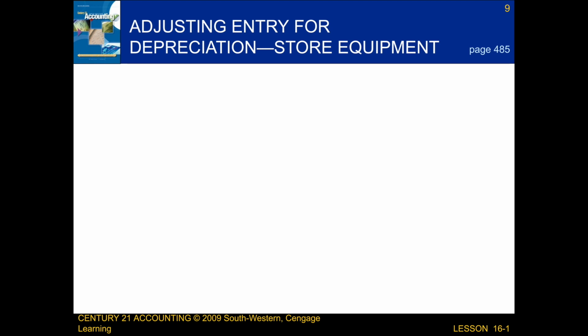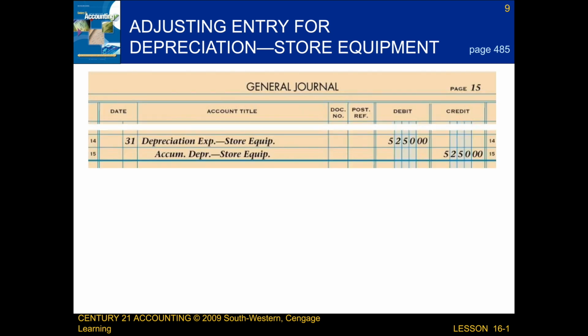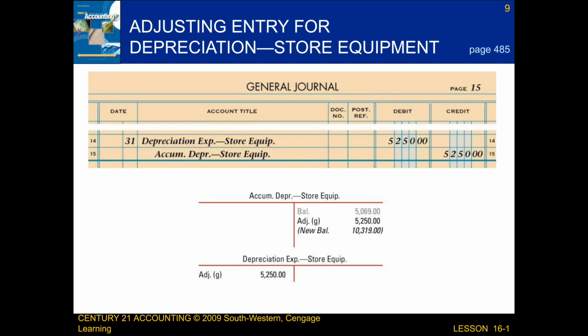All right, next we're going to be talking about the adjusting entry for depreciation store equipment. So the adjusting entry for depreciation store equipment is as follows. We debit depreciation expense store equipment, and we credit accumulated depreciation store equipment.